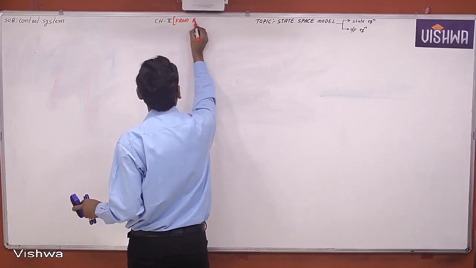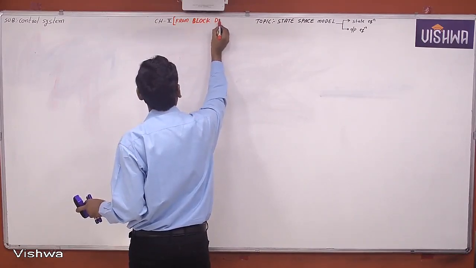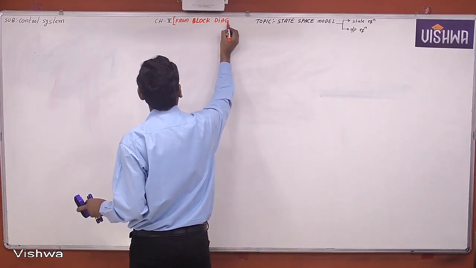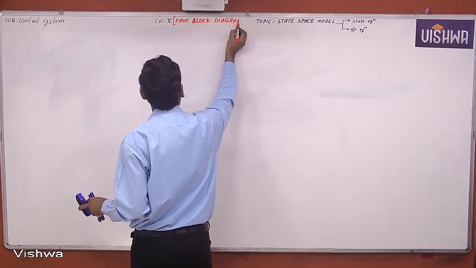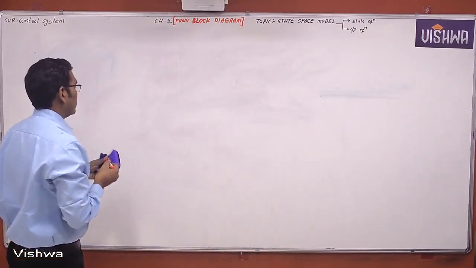Now I want to find the state space model from block diagram. Now he is giving block diagrams. From block diagrams, I want to find the state space model.